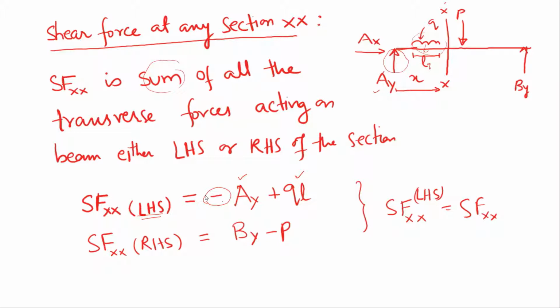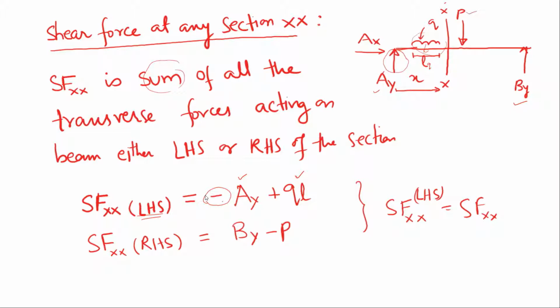Now shear force at any section XX for the right hand side. For this section we are looking from the right side. What would be the transverse force? It would be the sum of all the transverse forces. One transverse force is By, and it is positive because the load is acting in the upward direction at the section.